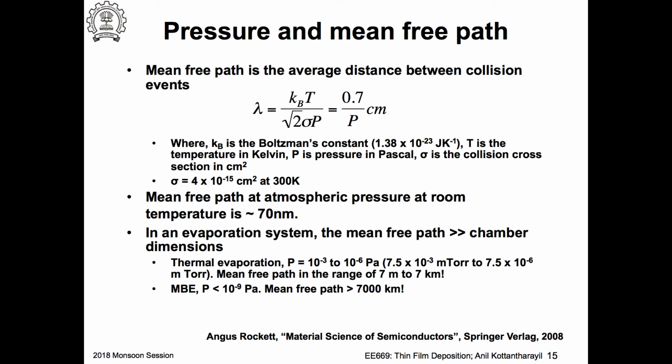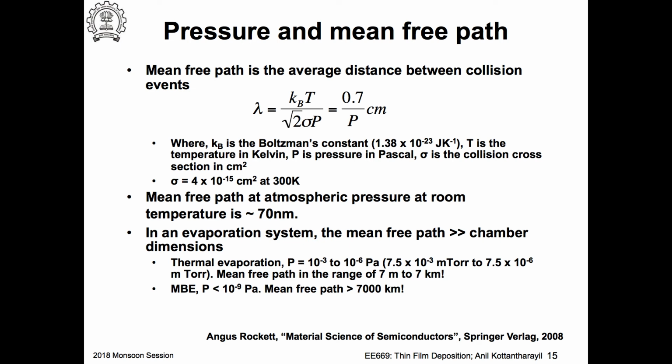This is another unit of pressure, so you can do a conversion. And the mean free path using the equation works out to be in the range of 7 meters to 7 kilometers. So this is a thermal evaporation system, not very high vacuum conditions. How many of you have seen or used thermal evaporation systems here in the labs?